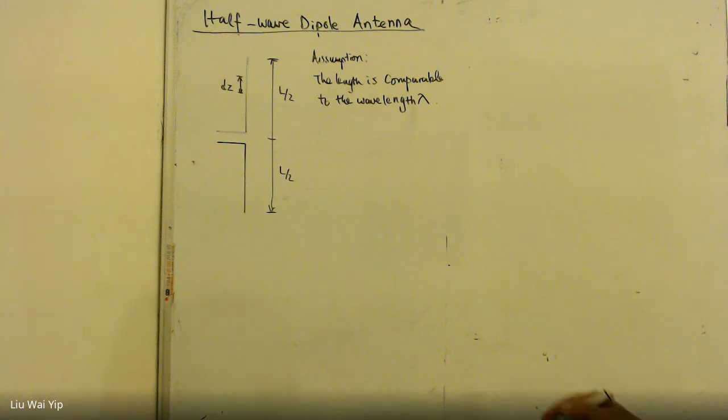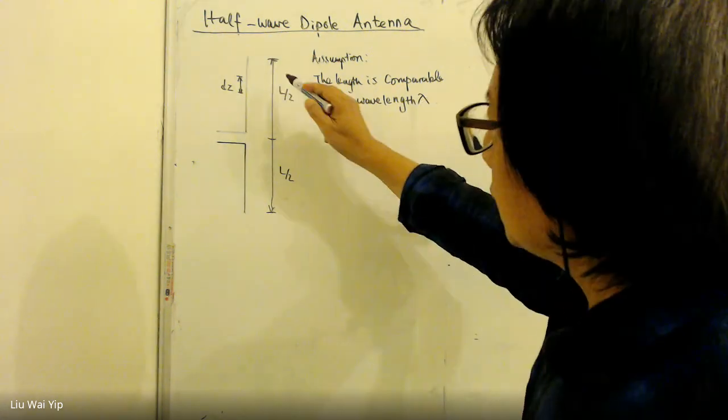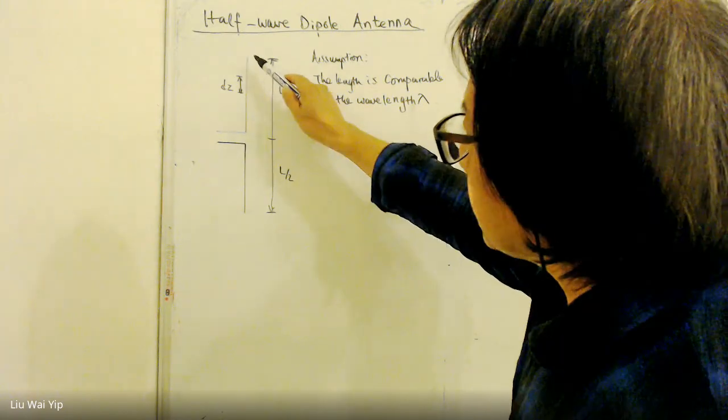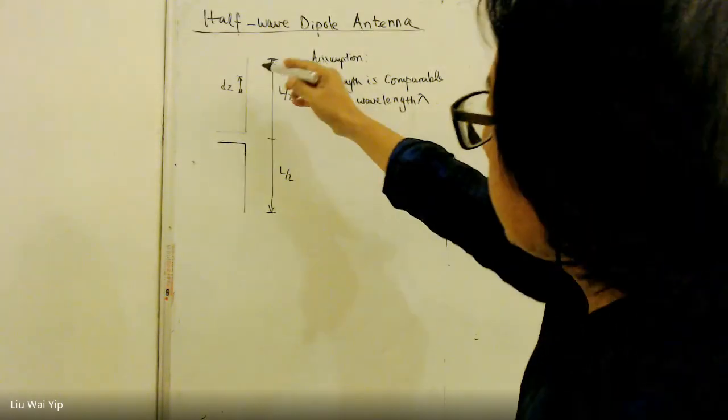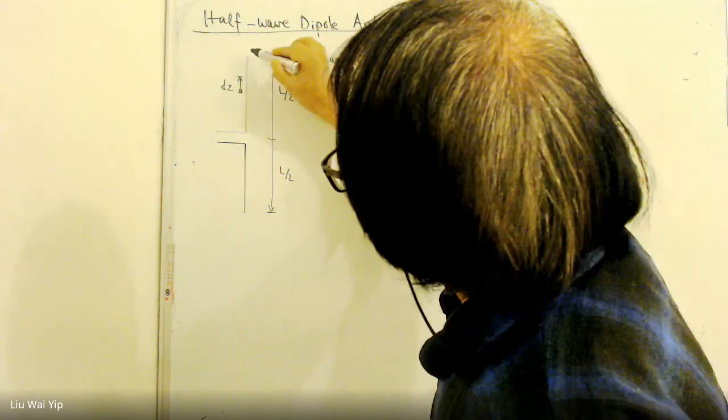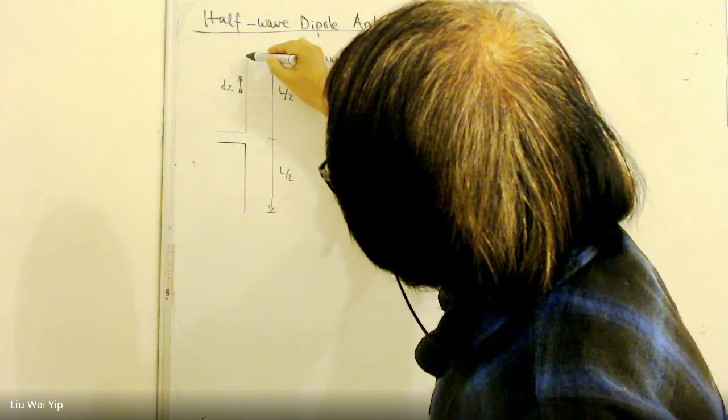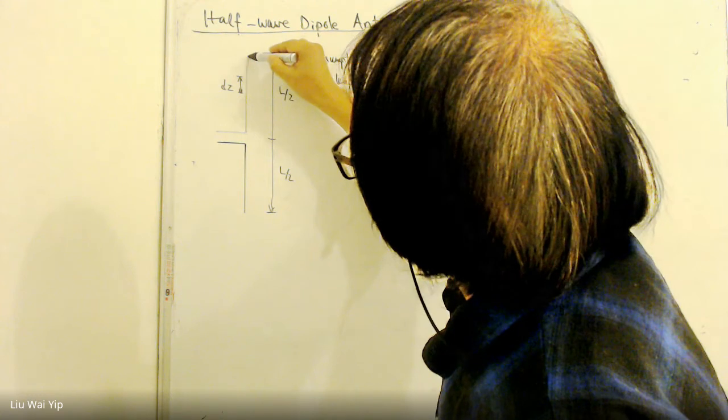And now the current distribution should be sinusoidal. In this scenario, the current at the tip of the upper segment is zero.